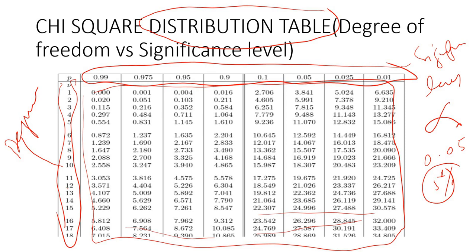See, this is 12 degrees of freedom, and for 0.05, this is the value, 21.026. For the significance level of 0.05 and degree of freedom 12, the tabular value of chi-square is 21.026. You got it.